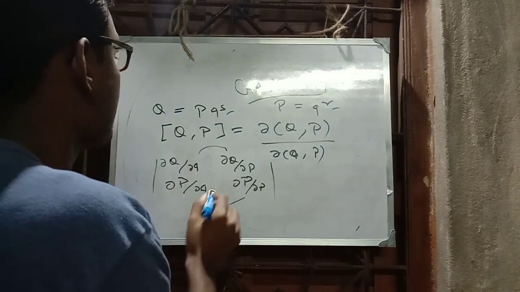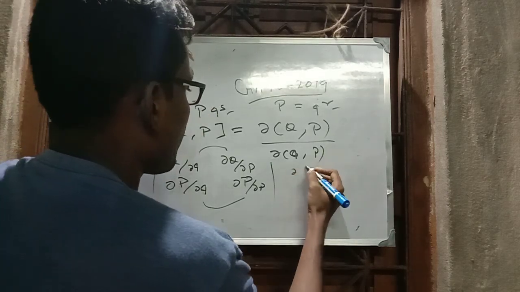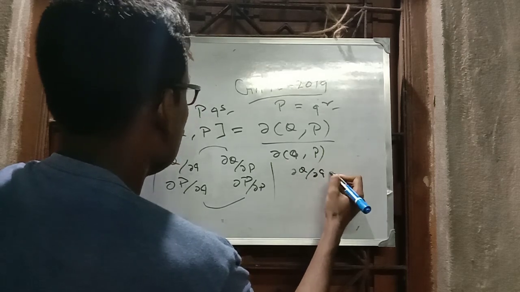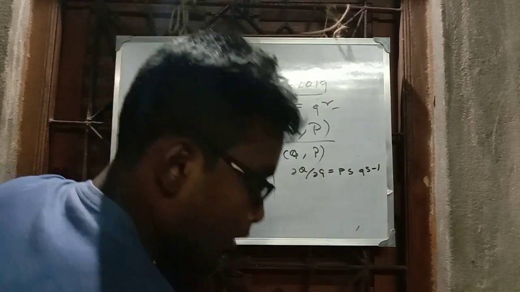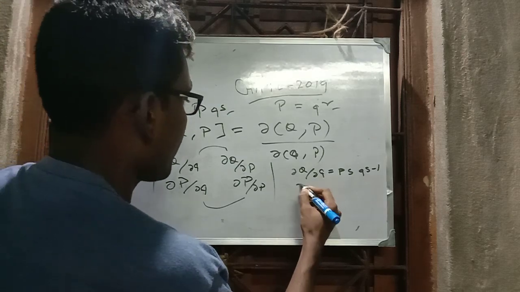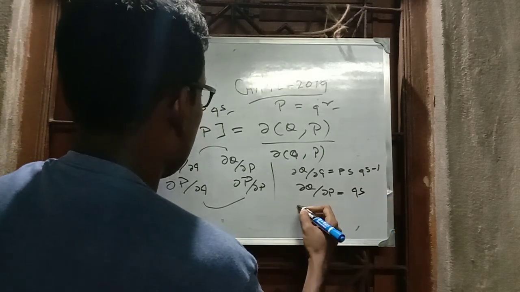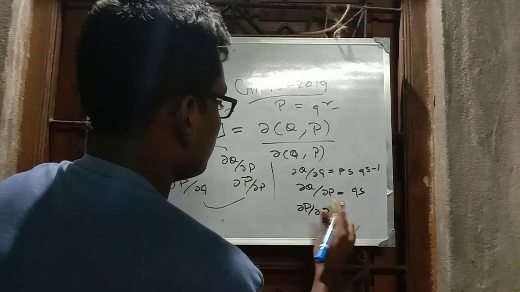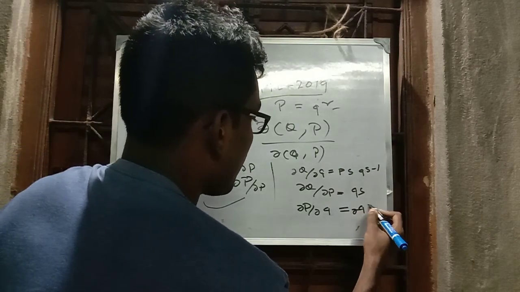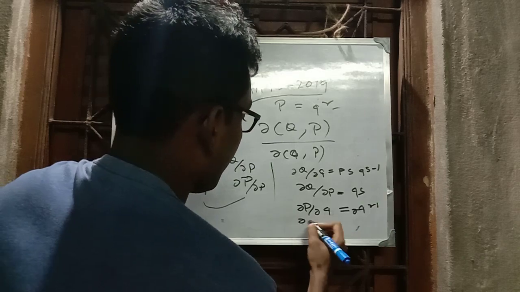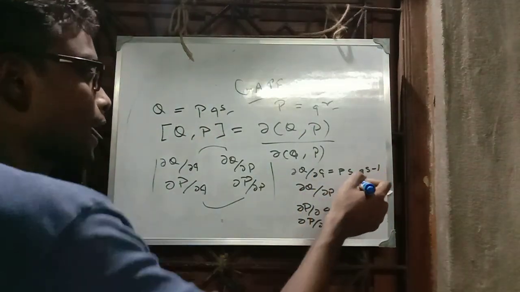At first, the differentiation of capital Q with respect to small q: ∂Q/∂q is equal to p S q^(S-1). And ∂Q/∂p is equal to q^S. ∂P/∂q is equal to R q^(R-1), and ∂P/∂p is equal to 0. So you have to put these values in and find the values of S and R.